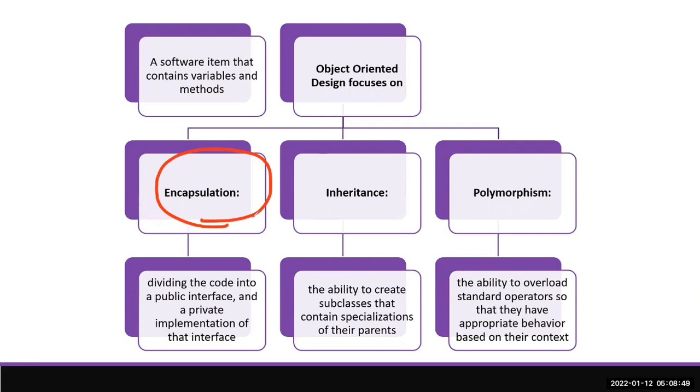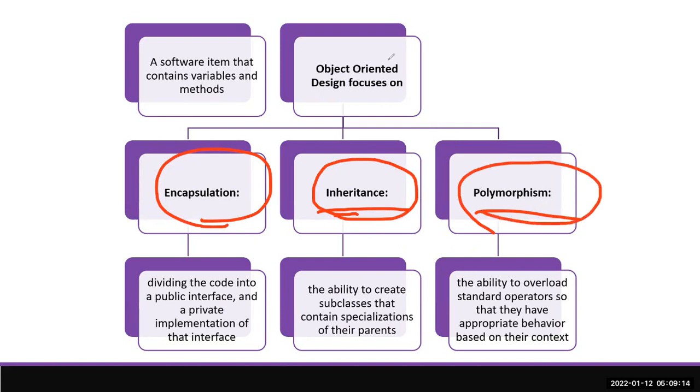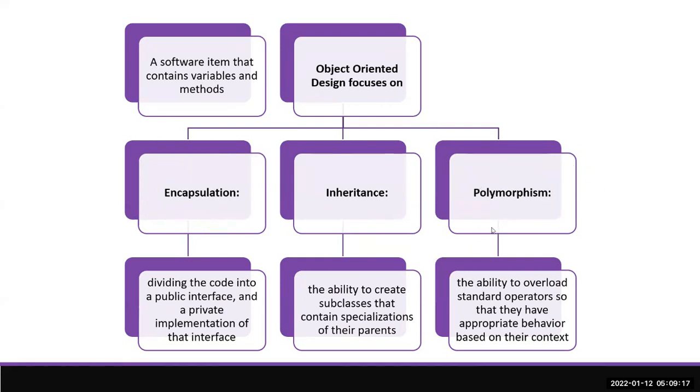But sometimes in Python, we really don't put those data fields as private, because it's sometimes harder to use private. It depends on whether you have high concern about the data field or not. And then you have inheritance and polymorphism. Inheritance is to create some specialized subclasses. Polymorphism is to make some code reusable and also customizable.